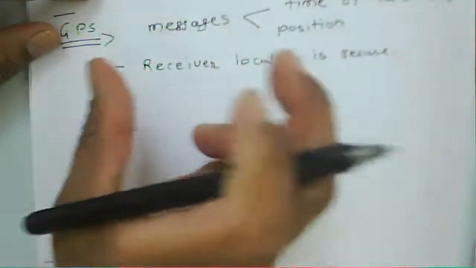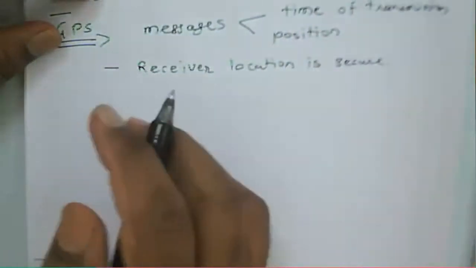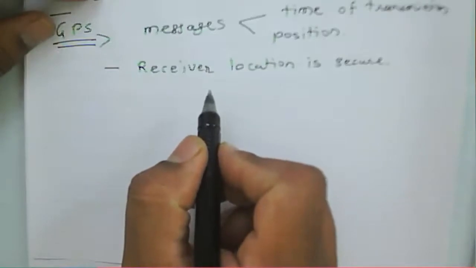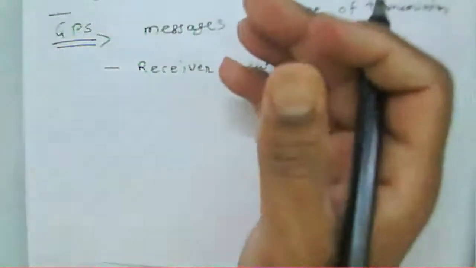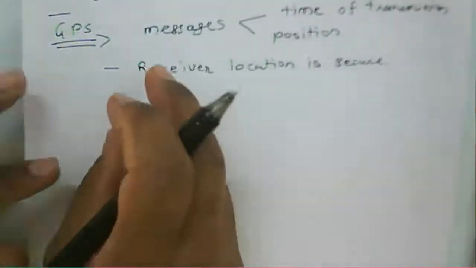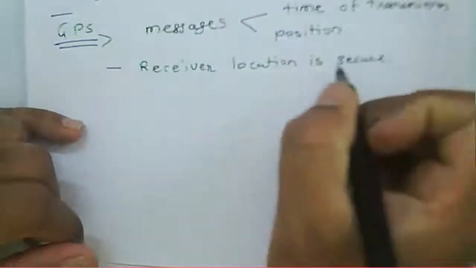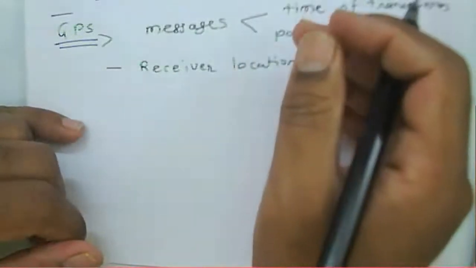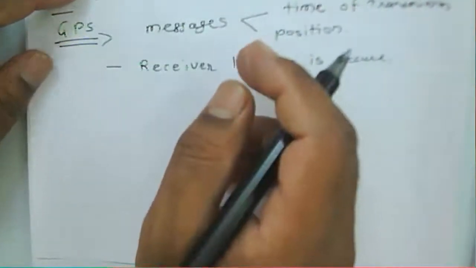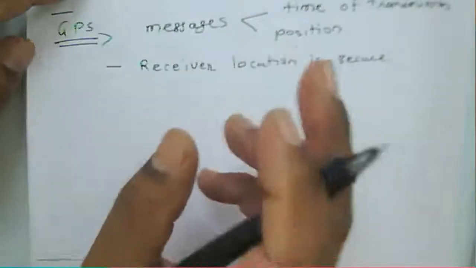So for ranging in this GPS system, they use high speed PN codes, and again they use the spread spectrum modulation technique for transmitting the signal.